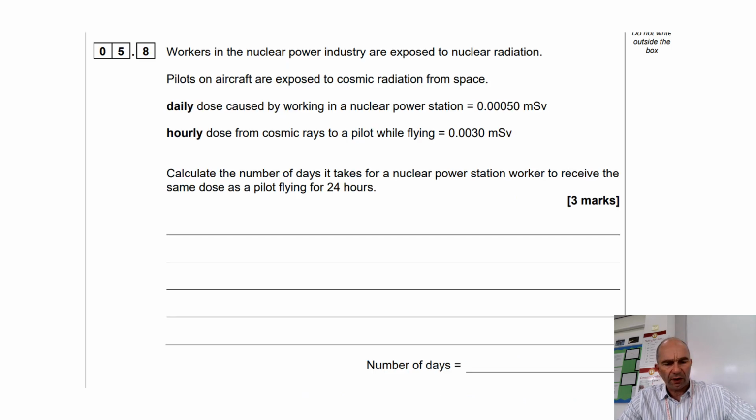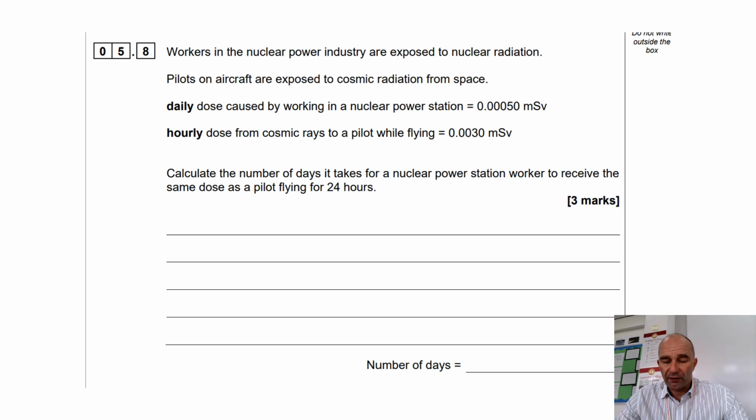Okay, and then 5.8, got a bit of maths to do again. So workers in the nuclear power industry are exposed to nuclear radiation. Now, pilots on aircraft are also exposed to cosmic radiation from space. So we're given the daily dose caused by working in a nuclear power station. That's in millisieverts. And then we've got the hourly dose from cosmic rays to a pilot while flying.